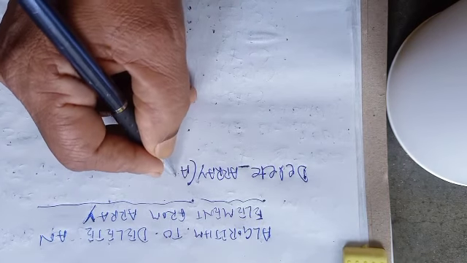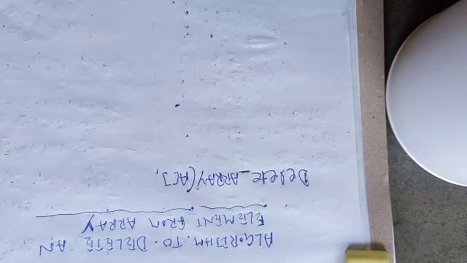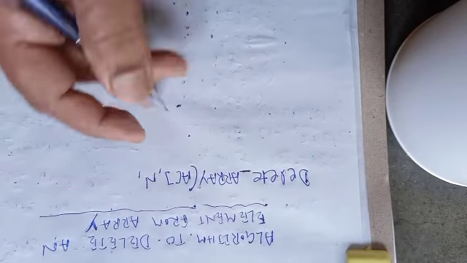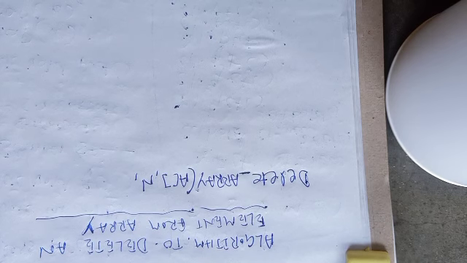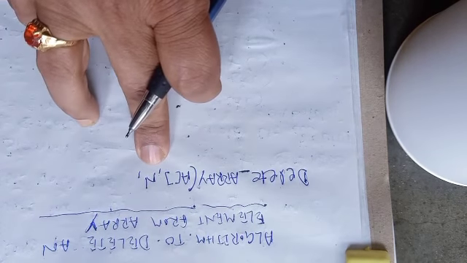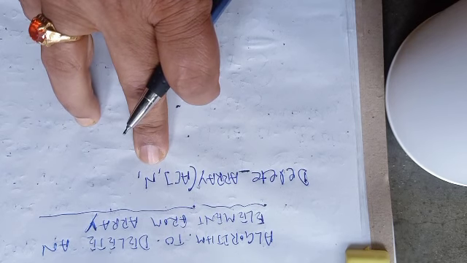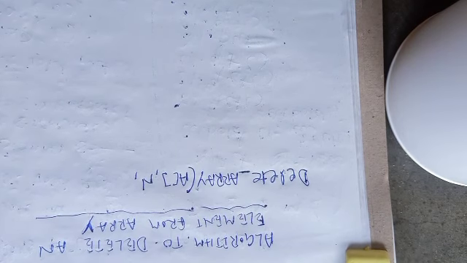Let us assume that A is our array name, from where we have to remove an element. N means the number of elements at present available in the array. It does not indicate size. Size may be more than n, but n means how many elements are present, and the rest of the positions may be empty.